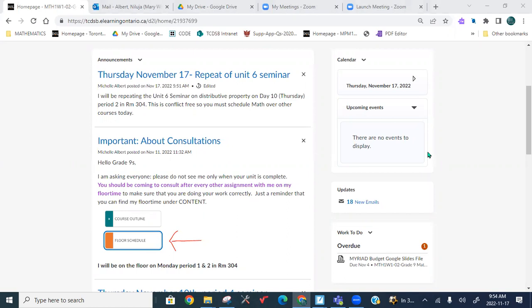That way, Miss David and I can check that you're doing your work correctly. We really do not want to see you at the very end for the first time, and we will be communicating this to your parents on Meet the Teacher night. I want to see you after you've done every single assignment. So that should be clear, and there is an announcement about that on my D2L.